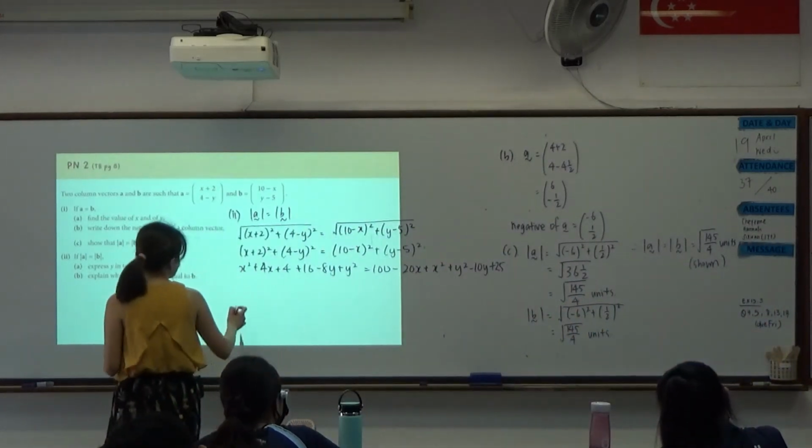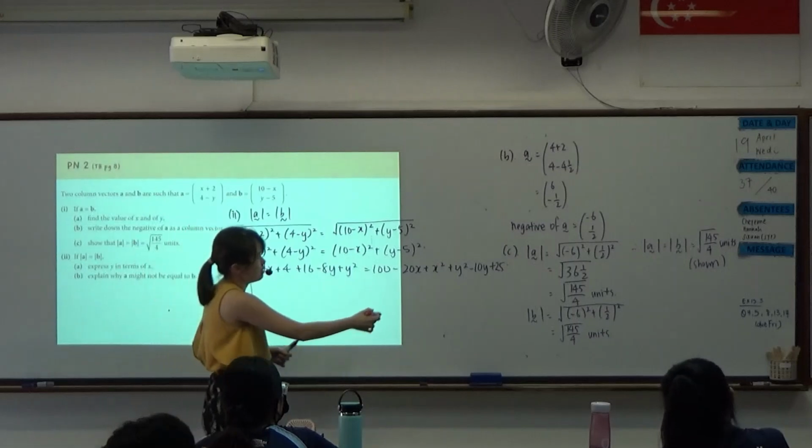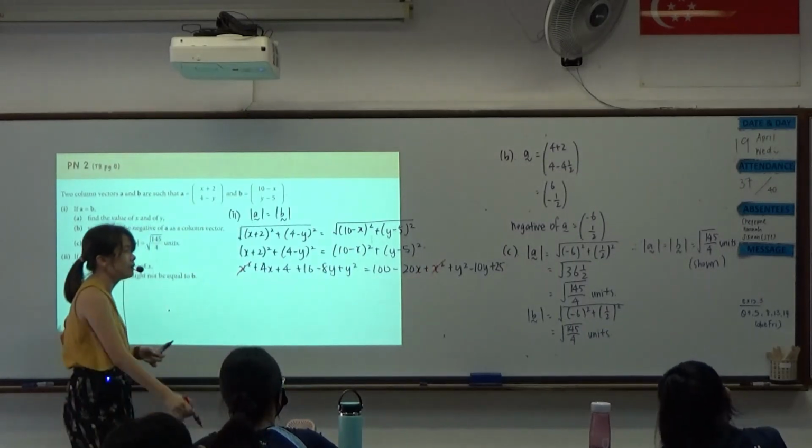Upon expansion, you see that your x squared will be cancelled on both sides by subtracting x squared.